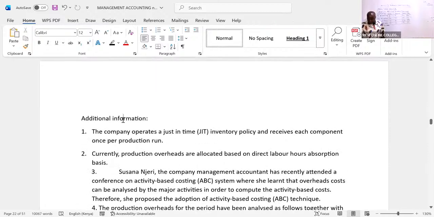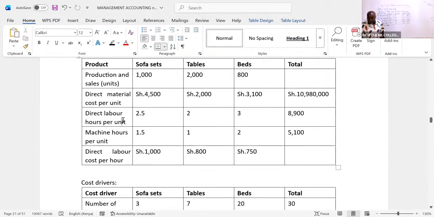If I page up, I'll be able to go to a table which is giving me the machine hours per unit. Whenever you hear that word per unit, you have to be very, very careful on ABC, otherwise you'll get an entire zero. For ABC, we want the machine hours for all the units that were produced.